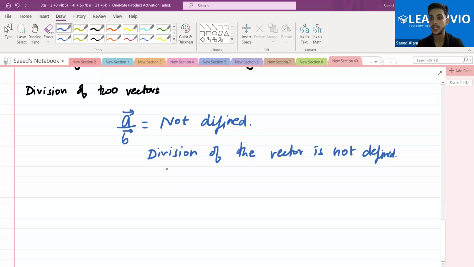So we had completed the three operations, that is the addition, subtraction, and the division. Yes or no? Yes, sir. Okay, now we'll do the multiplication of the two vectors.